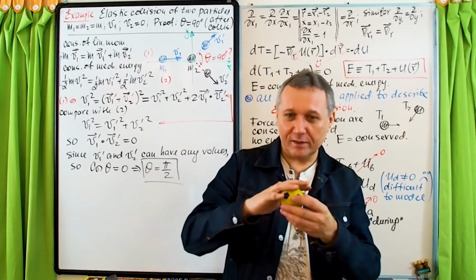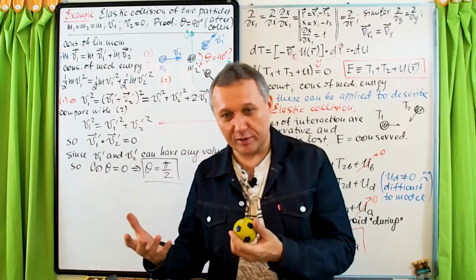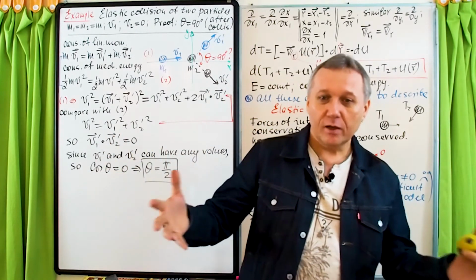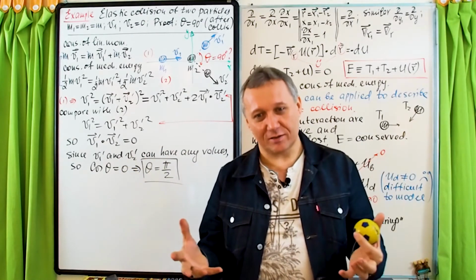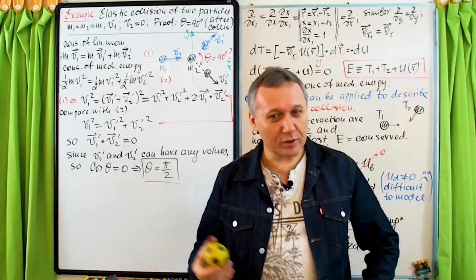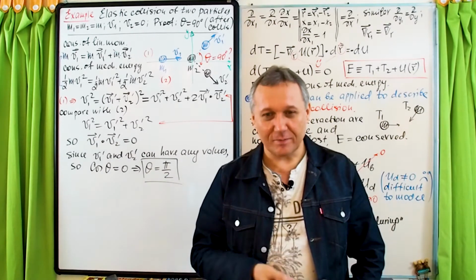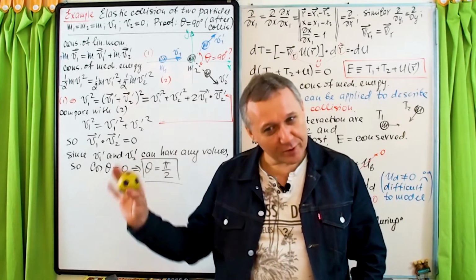And of course, you have a gazillion particles, and all those potential energies are constant. So if you add them up, the net internal potential energy will be constant. And what can we do with the constant potential energy?